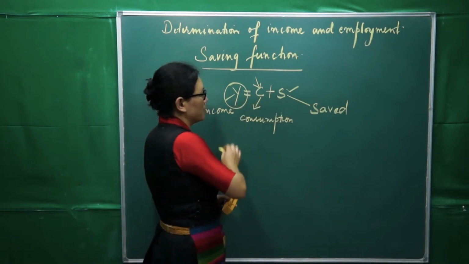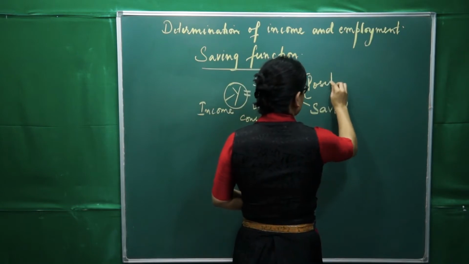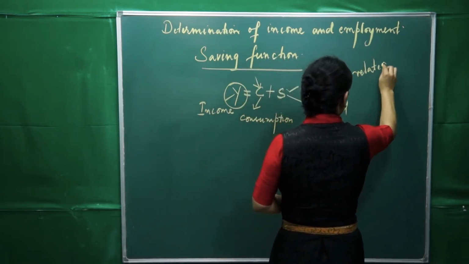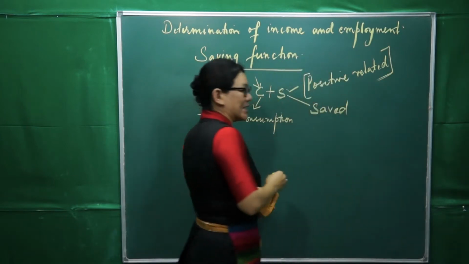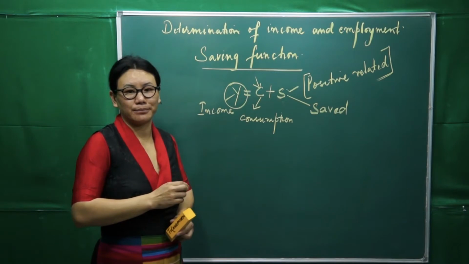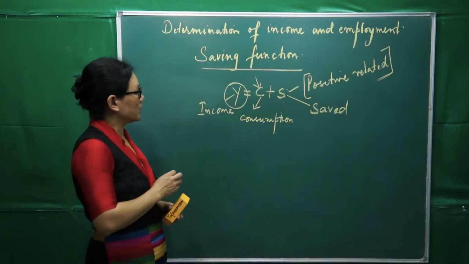Saving and income are positively related. It means when income is high, saving will also become high.